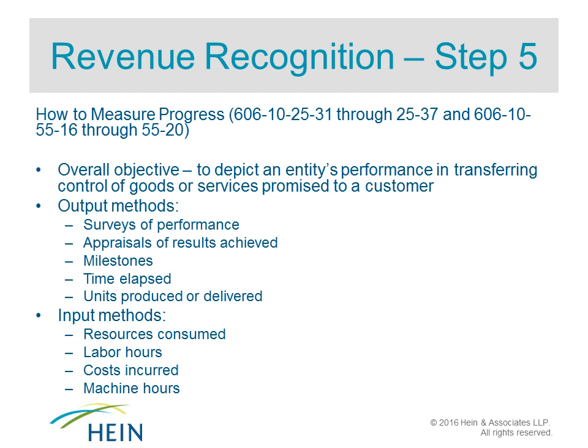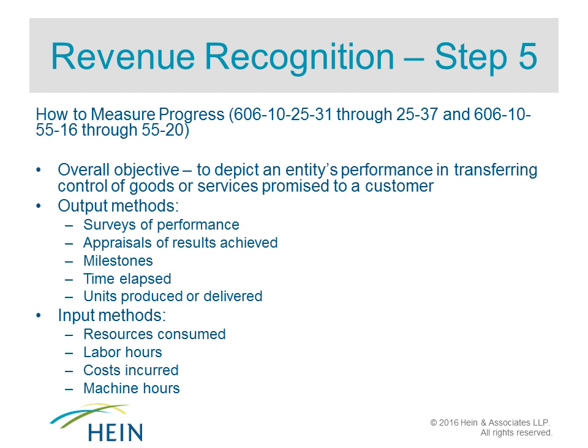But the standard outlines that there's output methods and input methods, and we can see here some examples. I'm not sure these changed dramatically from legacy GAAP. If we were looking at percentage of completion accounting, the input methods are labor hours, cost incurred, machine hours, et cetera.